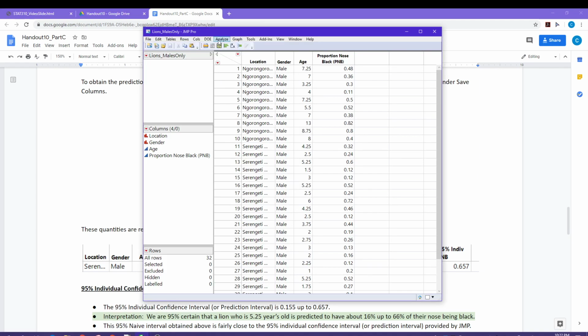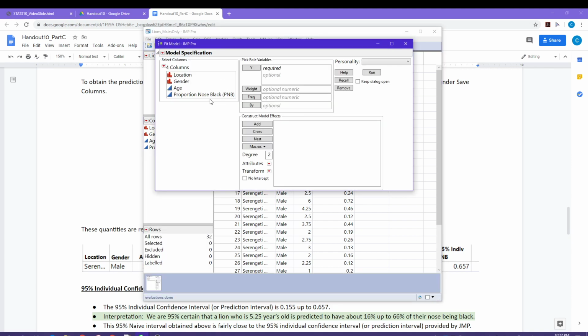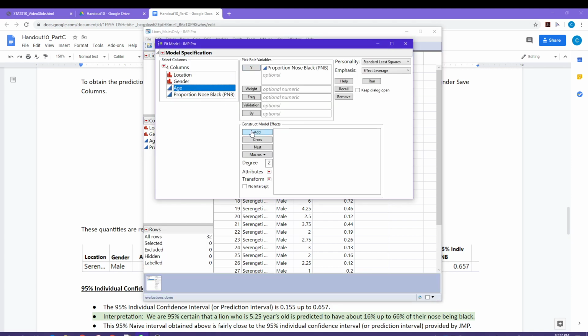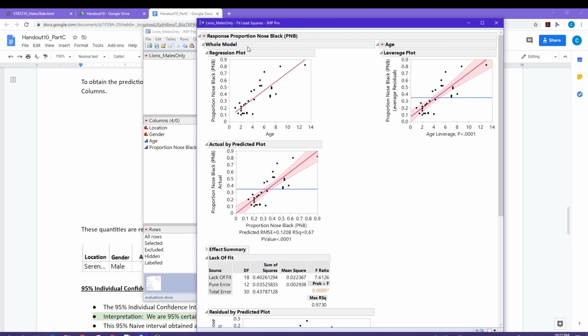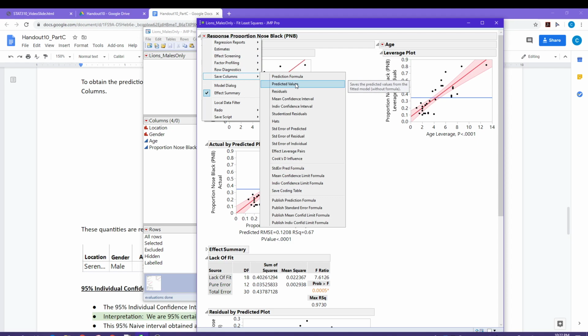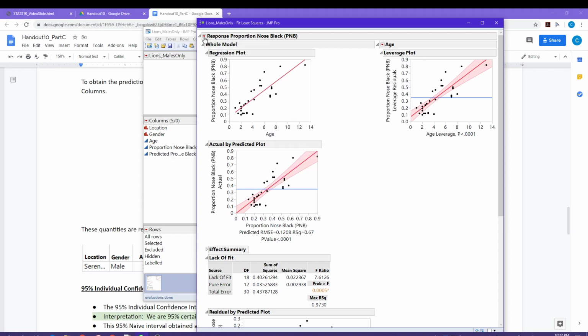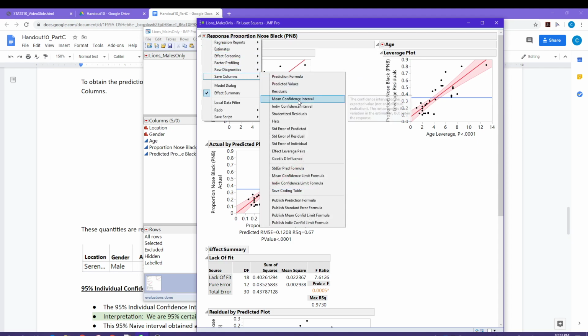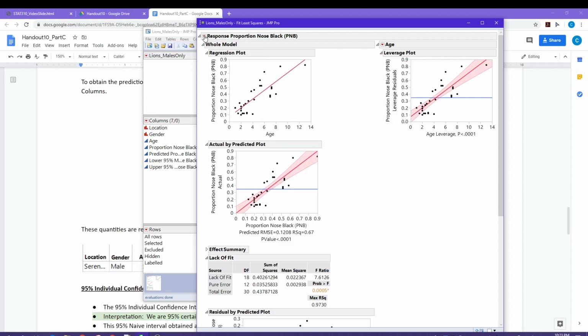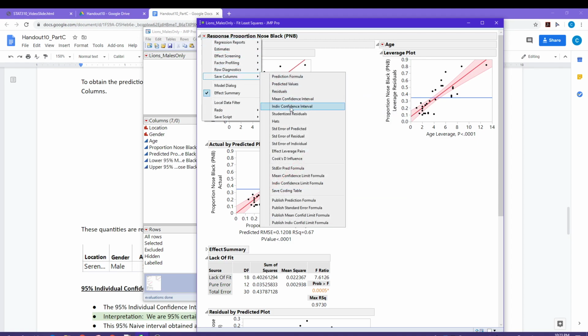So here's my data. I'm going to fit a model. And from my red drop-down menu up here at the top, I'm going to say Save Columns, Predicted Values, Save Columns, Mean Confidence Interval, and Save Columns, Individual Confidence Intervals.